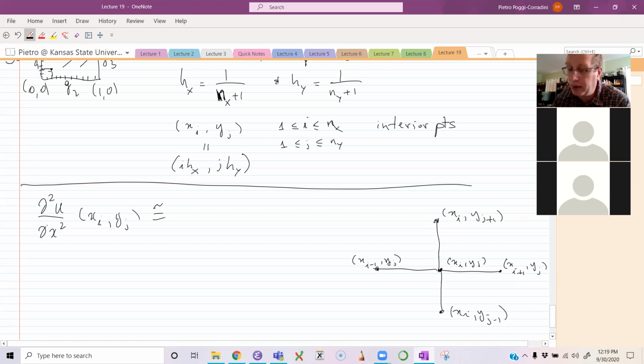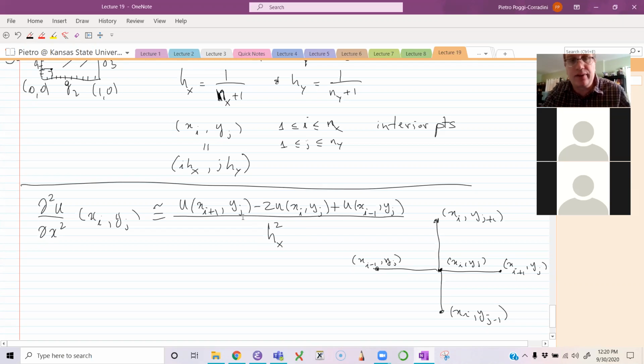And the two partial derivatives in x, we can think of as the second derivative in the x variable, right? So it's going to be (xi plus 1, yj) minus 2 (xi, yj) plus (xi minus 1, yj), over, what was it again? This is exactly the same formula as before, over hx squared.